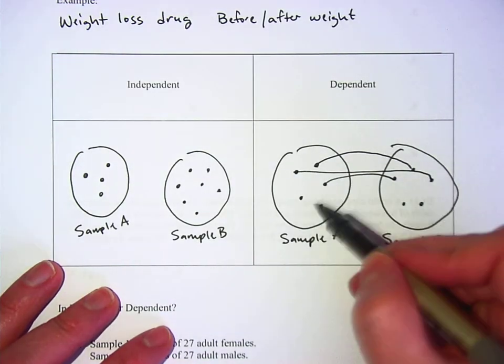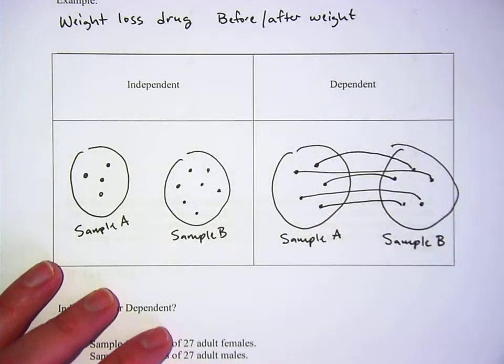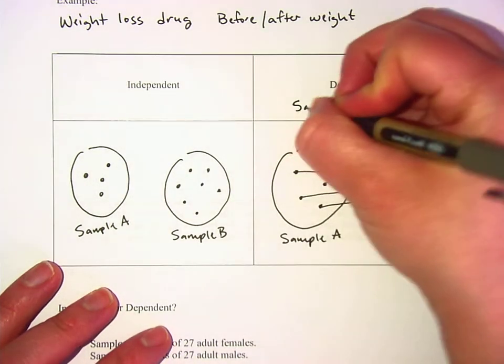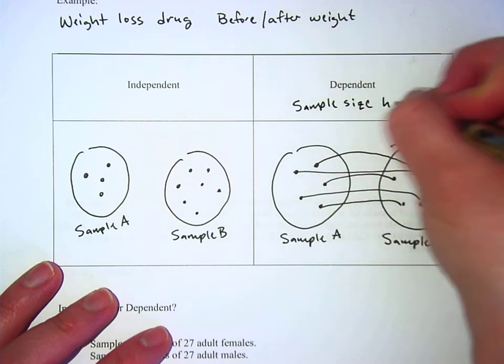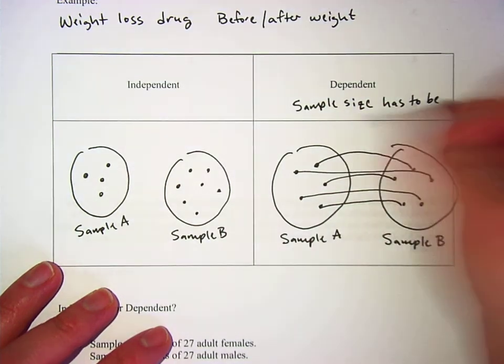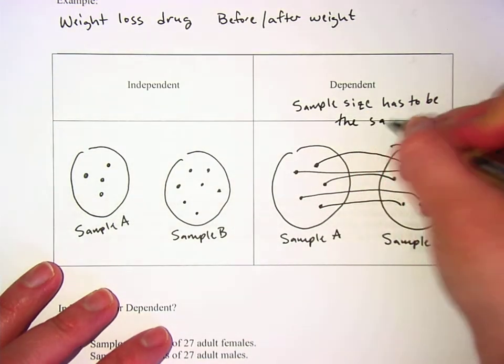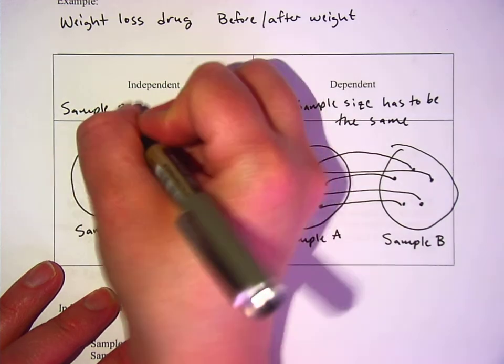They connect one-to-one. So the sample size on this one has to be the same. And on this one, the sample size could be the same or different.